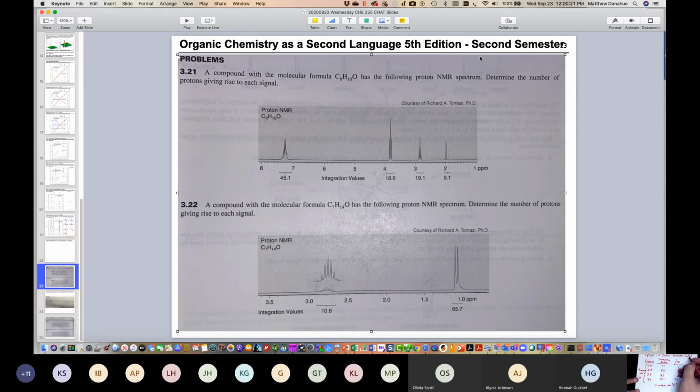So if we know there's 4 degrees of unsaturation, there's 5 hydrogens, so that probably means that this is a fragment. We have a monosubstituted benzene.